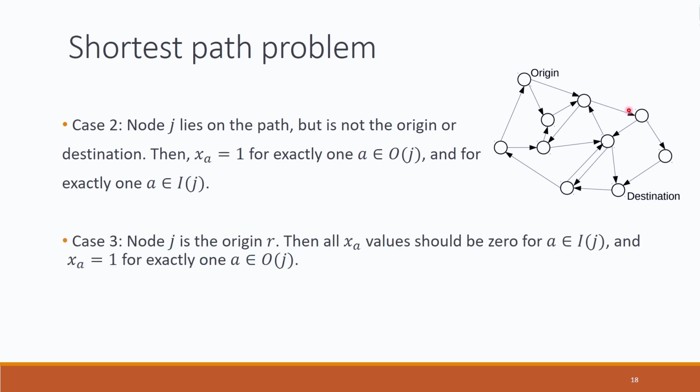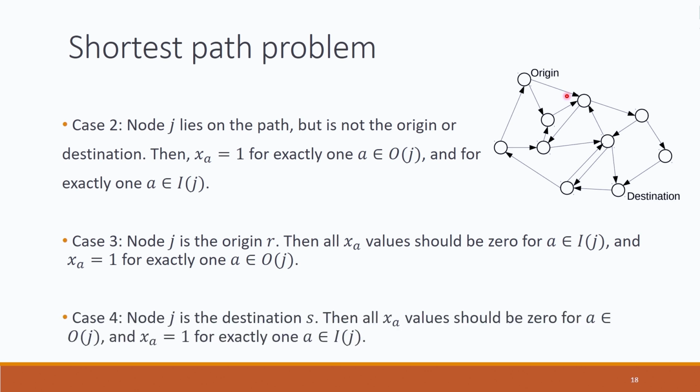Now case 3 is when this node J is the origin node. In this case we will have exactly one outgoing link that will have xa equal to 1. So if this was the path that we finally selected, then this is the link which is outgoing from the origin node and has xa equal to 1.